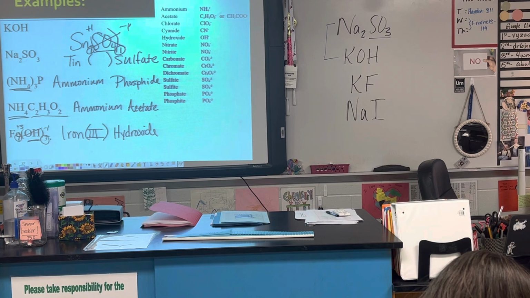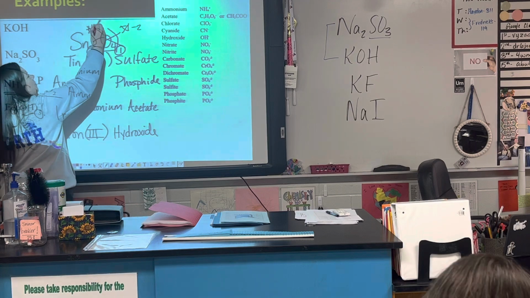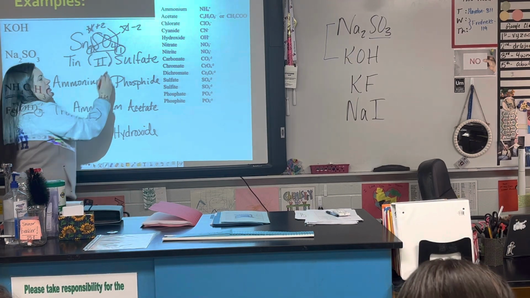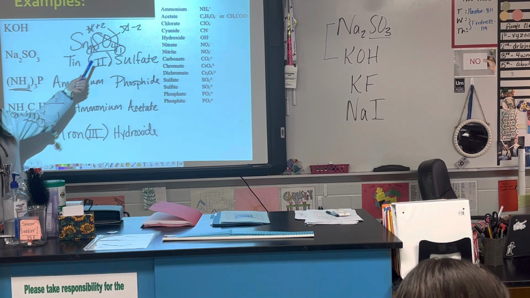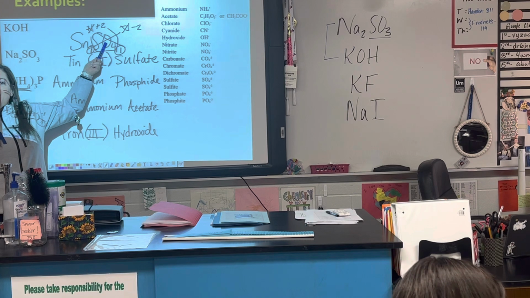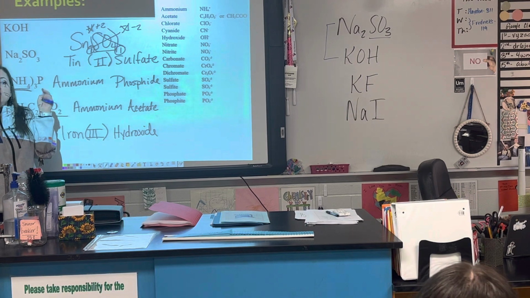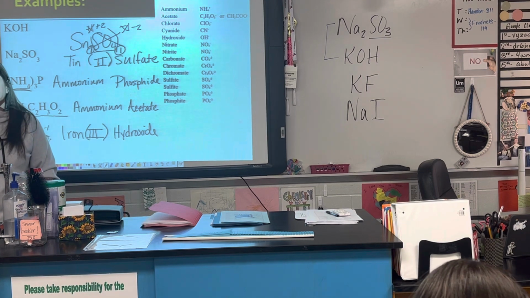No. What's sulfate's charge? -2. So if I double this one, I double this one. So what charge was tin? 2. Tin 2 sulfate. That's the error that I see people make, is that they want to uncross that last number of the polyatomic ion because there's no parentheses there. But that just means there's 1 of them. So you should be uncrossing a 1.